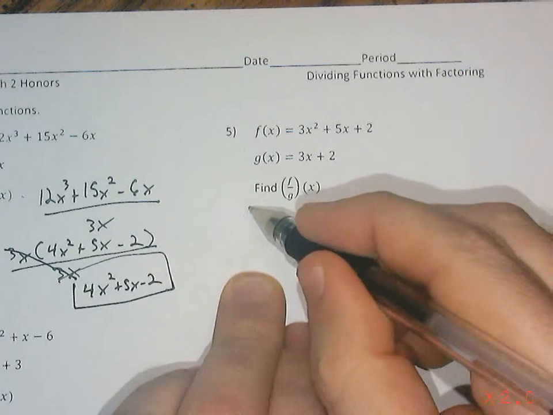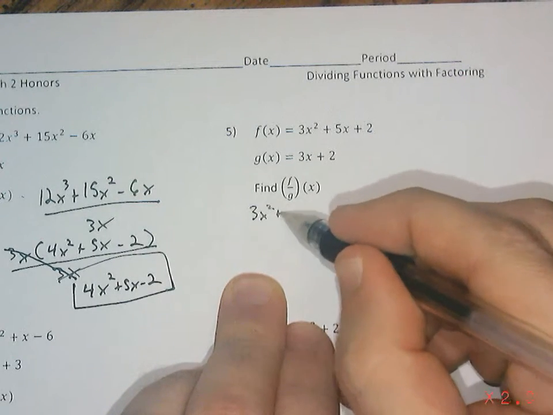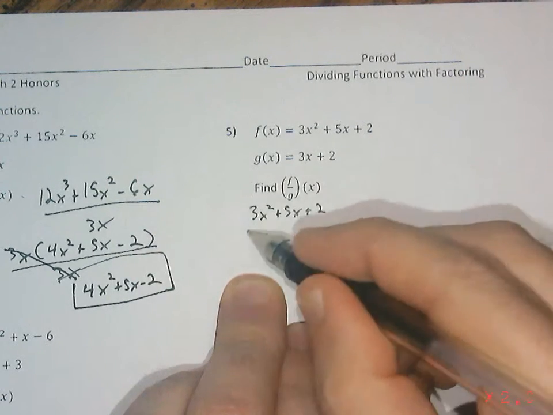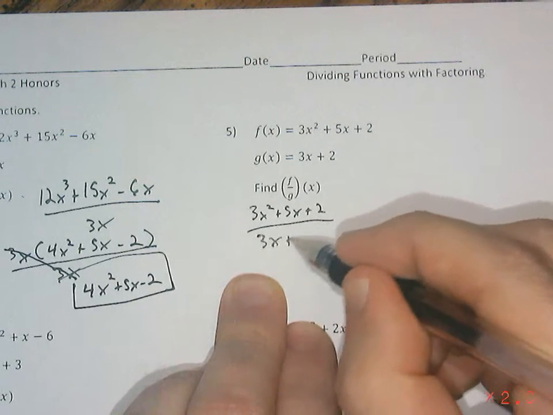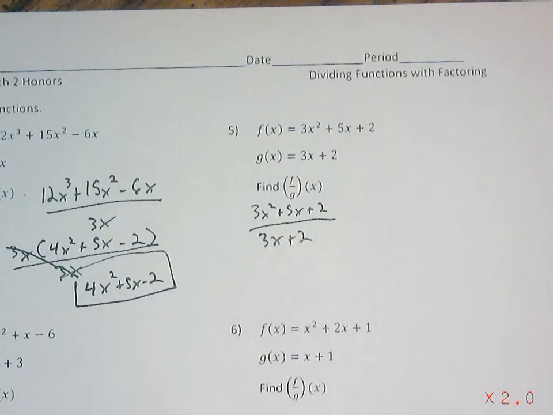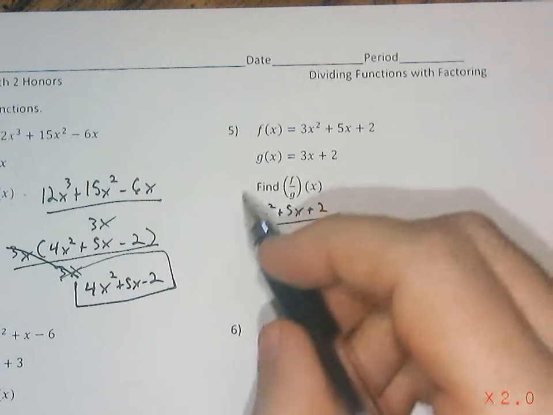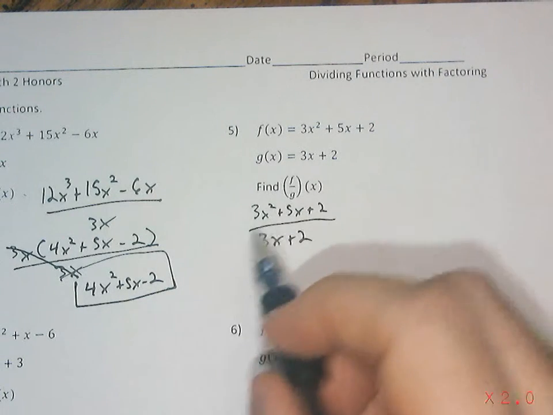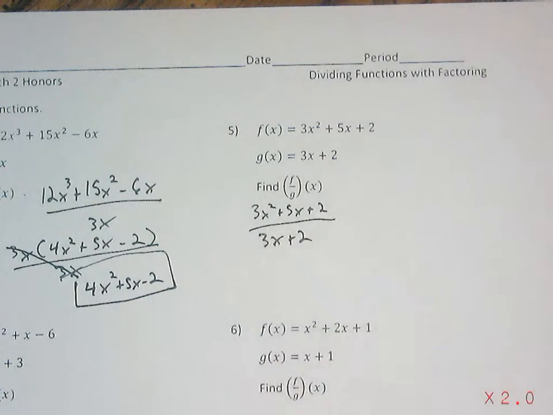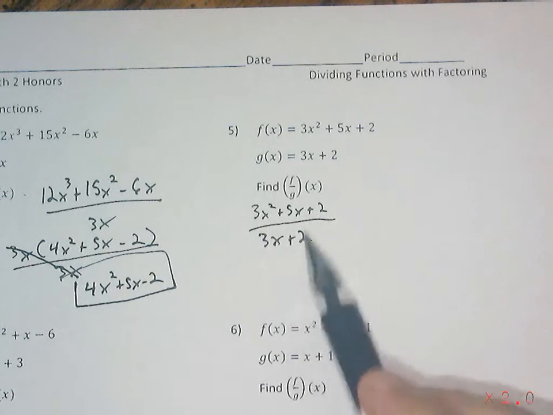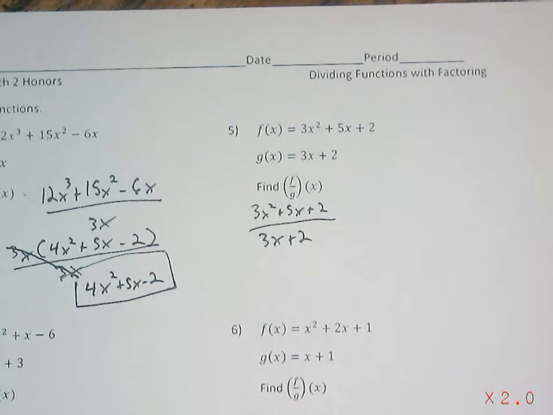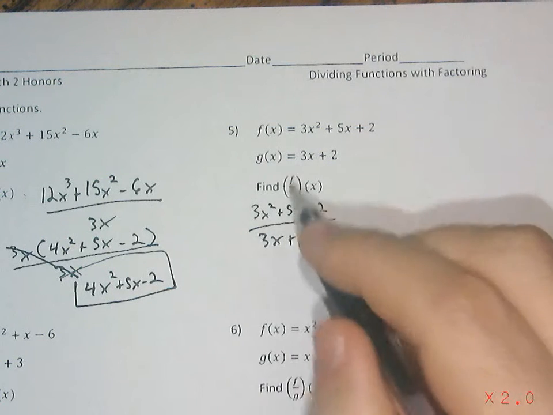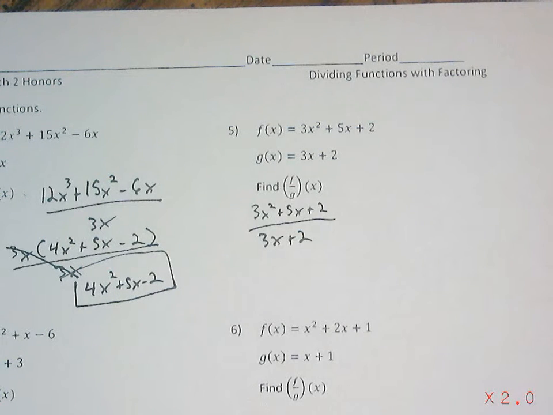So this is what it gives me initially: 3x squared plus 5x plus 2 all over 3x plus 2. My guess is that when I break this apart, it's going to produce two binomials. One of them is going to be 3x plus 2. But I've got to break it down before I can make that decision.